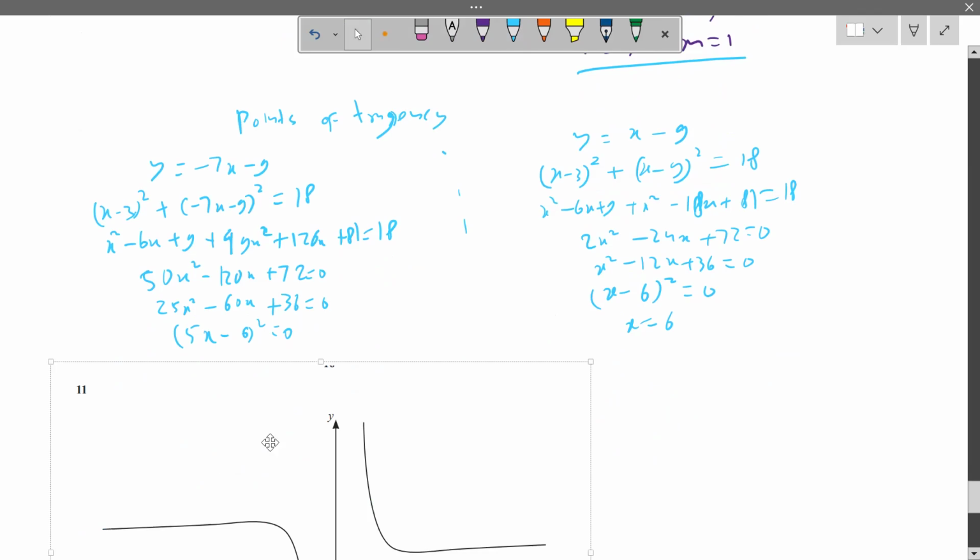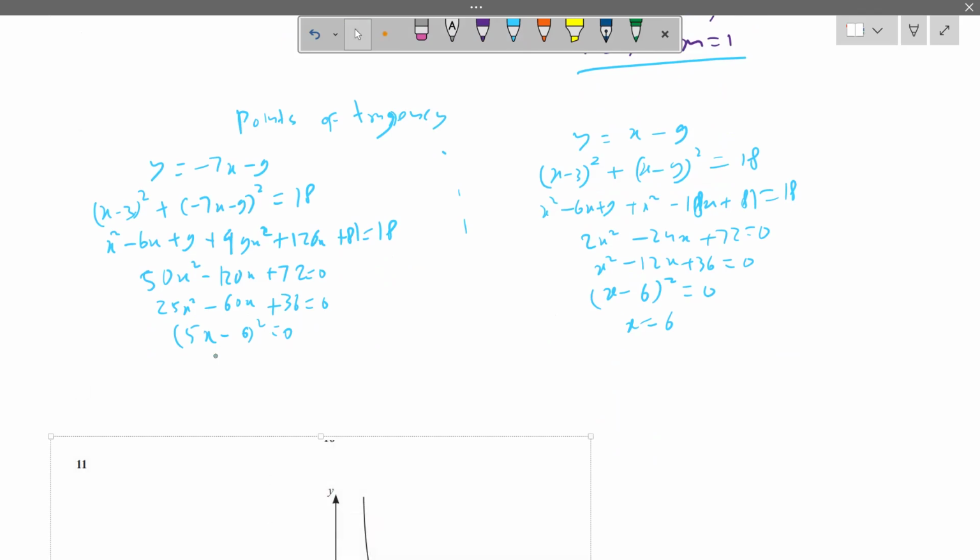Okay, so we have x equals 6 over 5 and x equals 6.